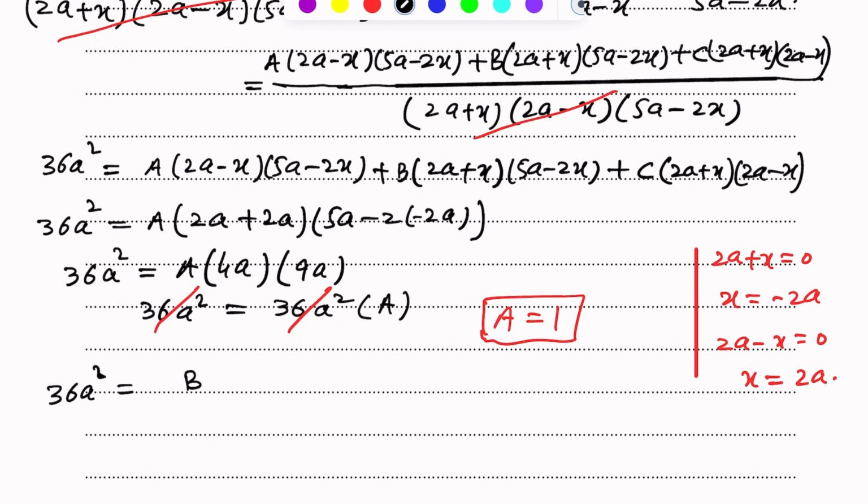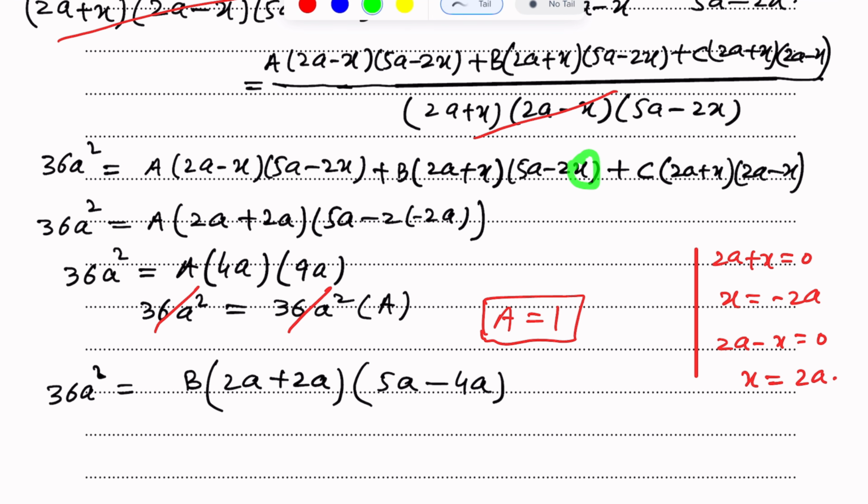So B into 2a plus 2a, into 5a minus 2x, meaning minus 4a.